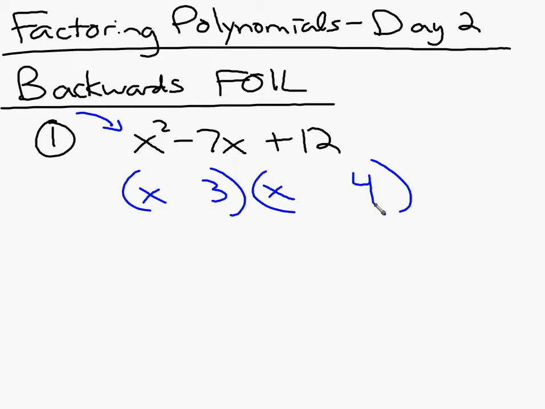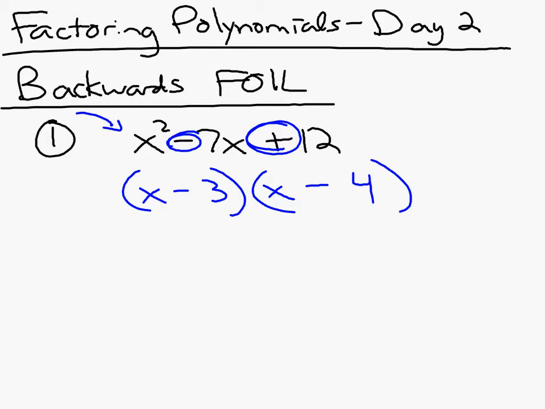Right? And then, since this is a plus, and this is a minus, don't these both have to have the same sign? Right? Now, how can you check your answer? Do FOIL. And can't we do that mentally as well?